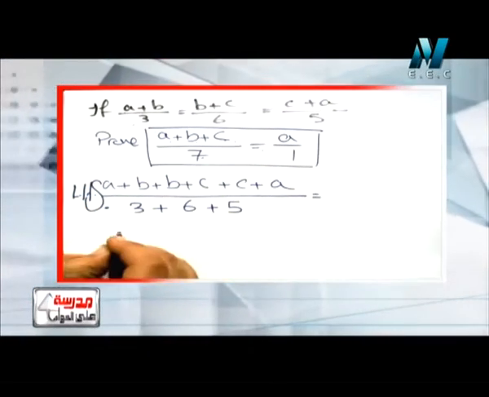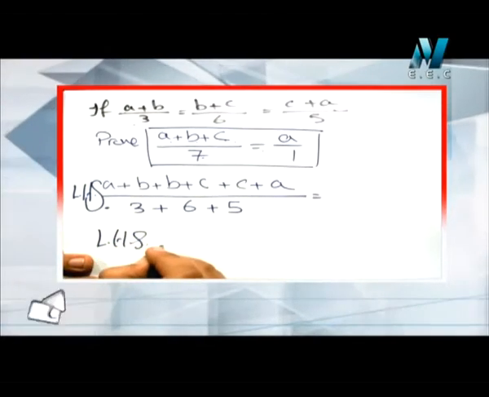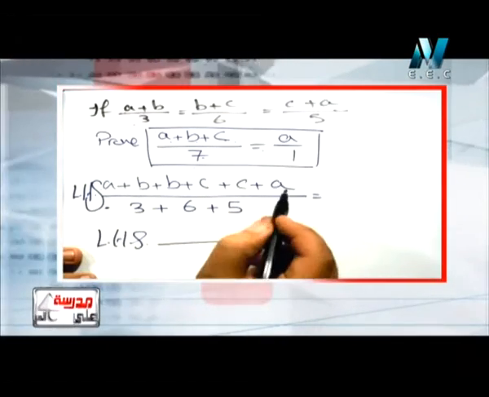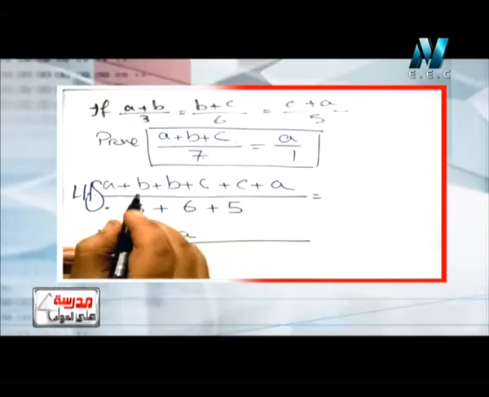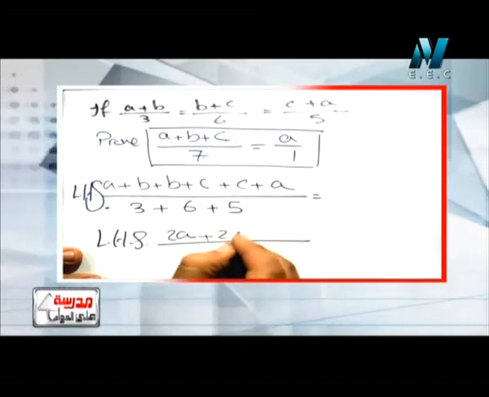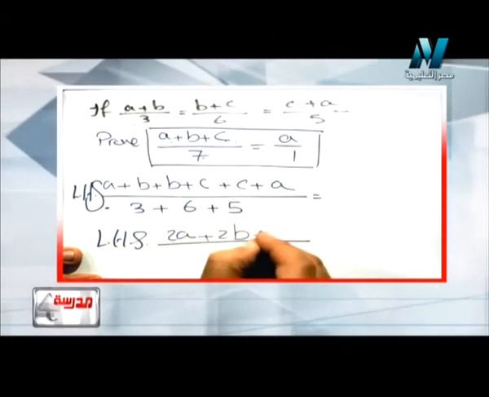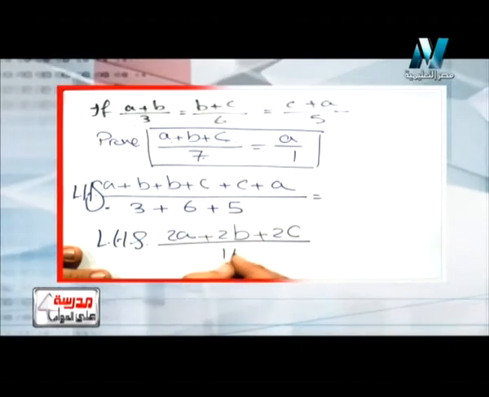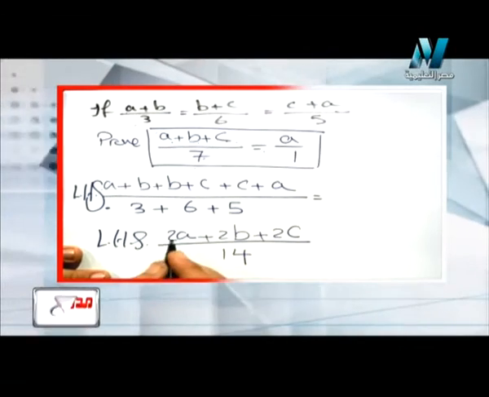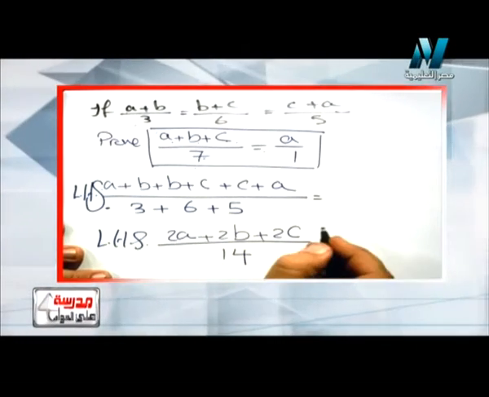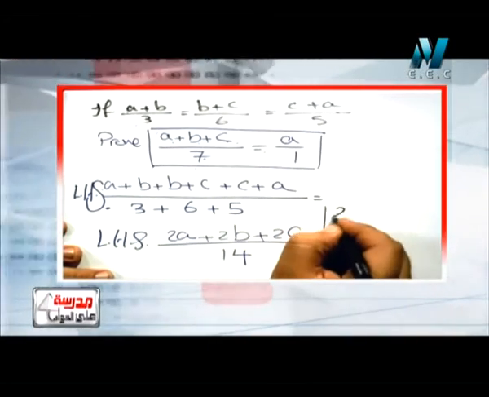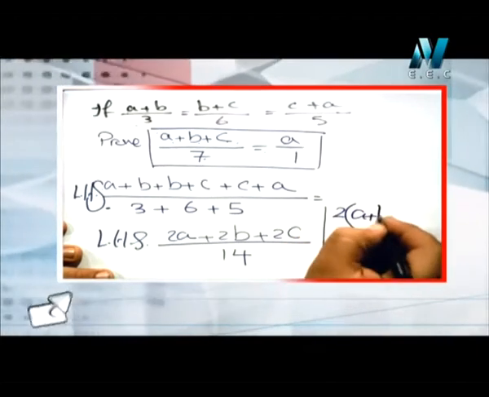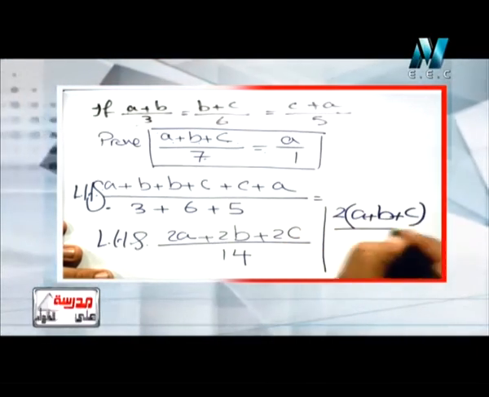So, for the left-hand side here, we have the like terms. So a plus a, we have 2a. And double b, we have here 2b. And for double c, we have 2c over 3 plus 6 plus 5. And the answer here is 14. A common factor here, 2. So I'm going to write, I have a common factor 2, open bracket, a plus b plus c over 14.